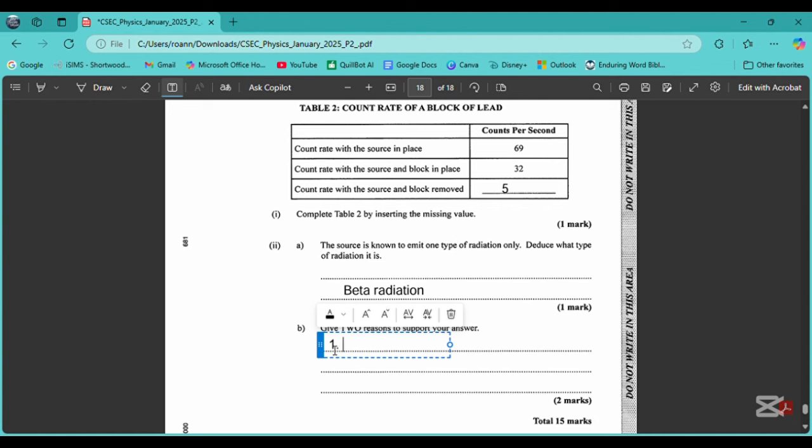So 1 reason, the lead block caused a significant drop in detected radiation. And the second one is that the remaining radiation after adding lead was still substantial. And because of these 2 reasons, it could not be alpha or gamma. If it was alpha, then it wouldn't be able to stop any radiation. And if it was gamma, then it would stop way more radiation. Therefore, the best answer would be beta radiation.